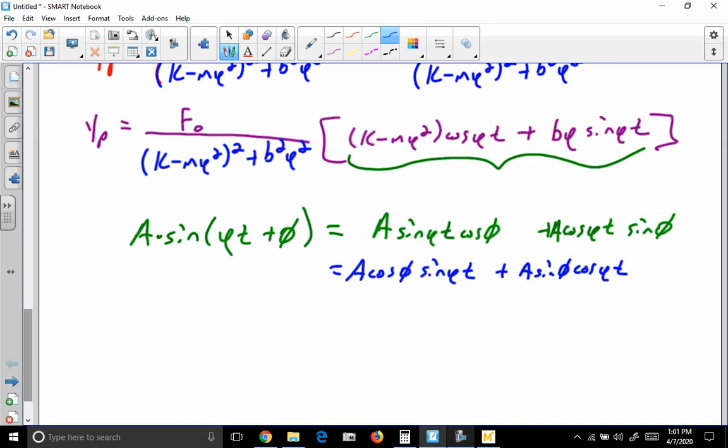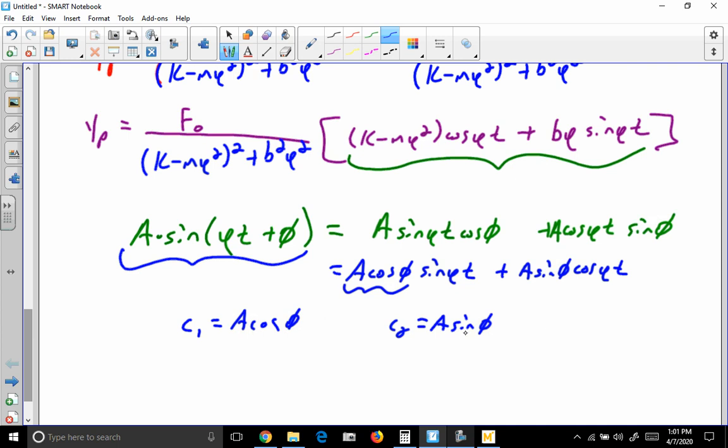In order to find out what this simplified version is, we need to know what a is and what phi is. So what we did last time is we replaced a cosine phi with C1, and we replaced a sine phi with C2, and then we solved this system of equations for a and for phi.